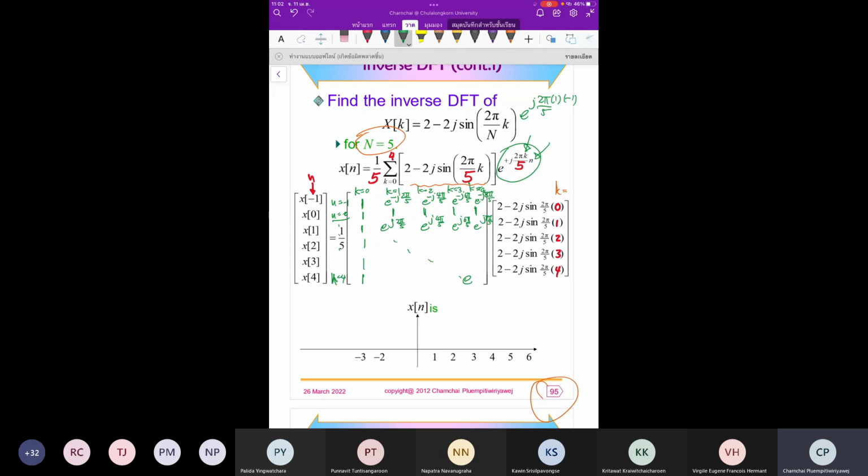Until at the end, you're going to have e to the j 4 times 4, 16, times 2 is 32 pi over 5.